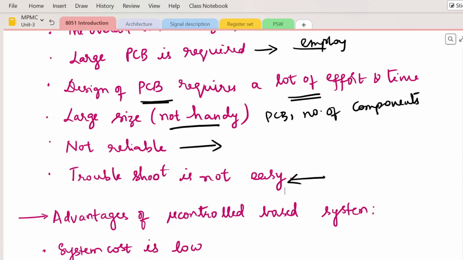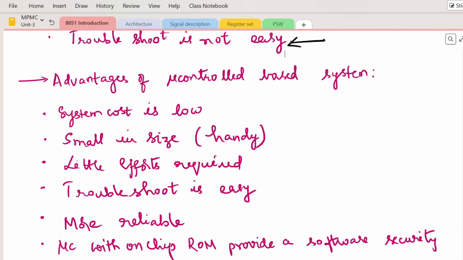Now coming to the advantages of microcontroller based systems. Now the disadvantages become the advantages. Here all are mounted in a single IC, so the system cost is very low. And all are in a single IC, so the size is very small. That means it is handy.